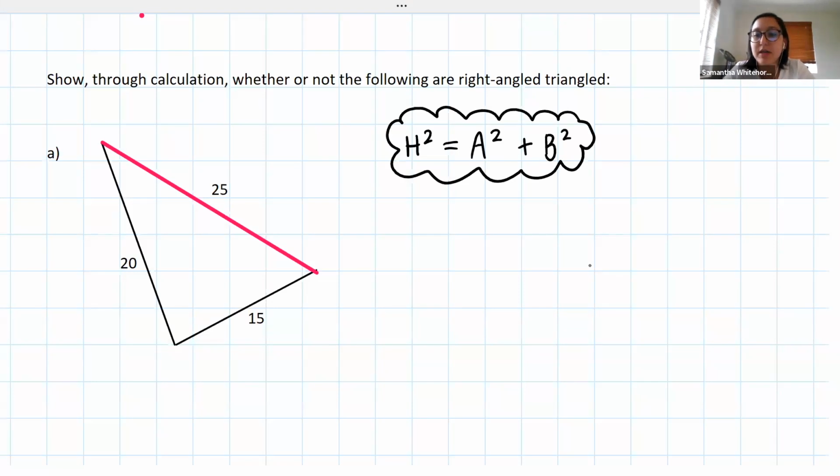Trying this by yourselves. Remember, the goal is to prove left-hand side is equal to right-hand side.